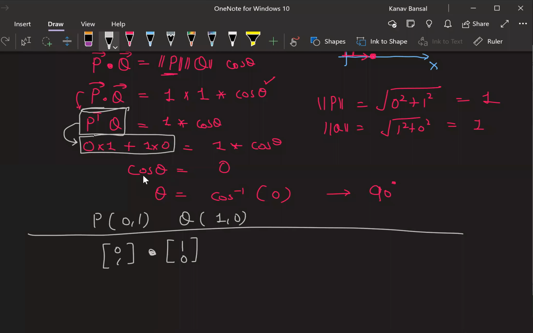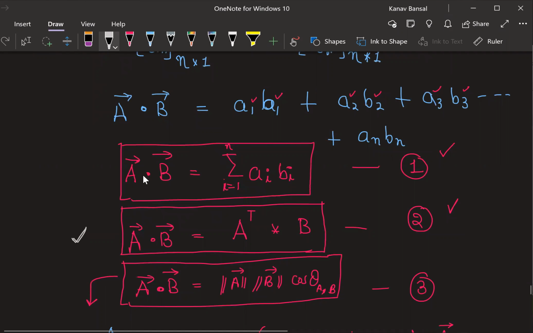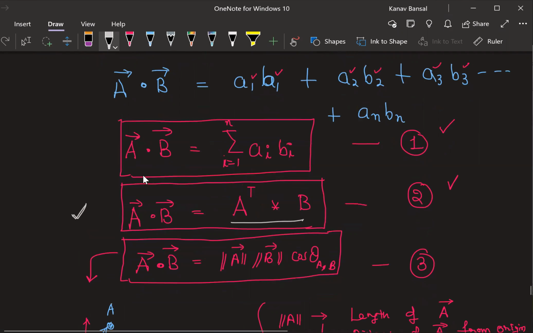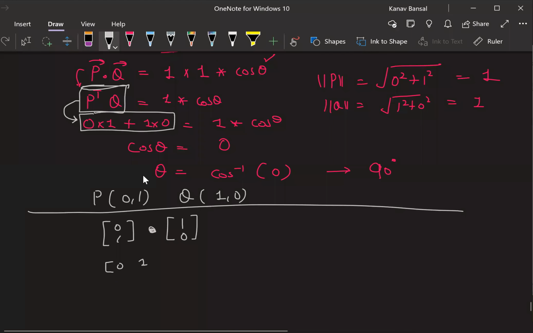Let me go up. See, equation number 2: the dot product between two vectors can be written as A transpose into B. So I can write 0 1 transposed, multiplied by 1 0. If I do this, it is 0 into 1 plus 1 into 0. Now is it clear why this is equal to 0 into 1 and 1 into 0?